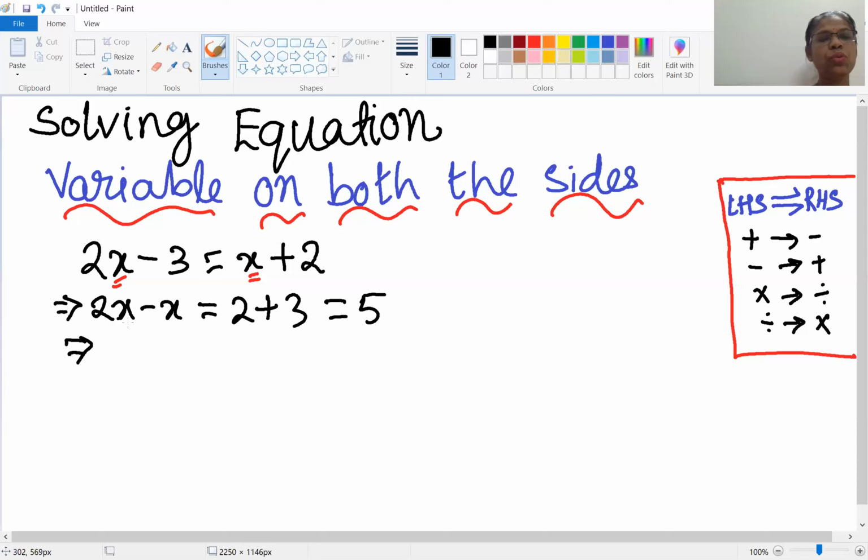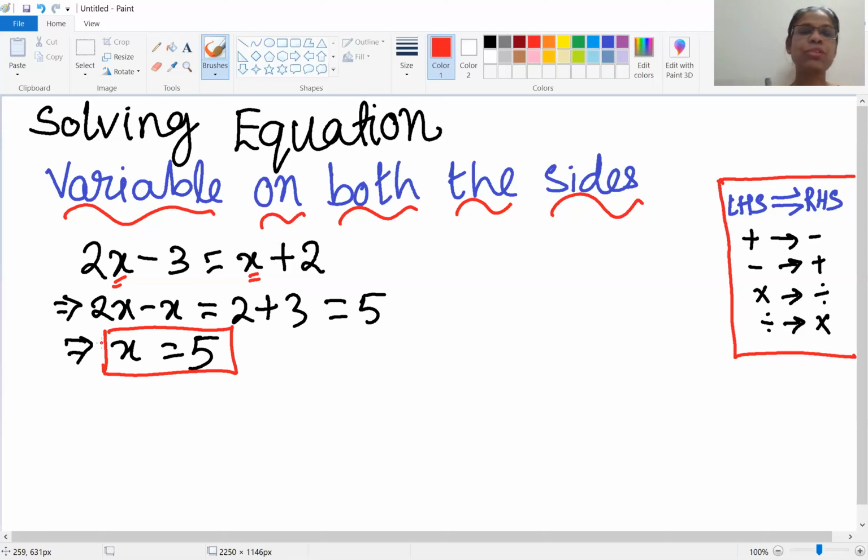Now 2x minus x, 2 minus 1, which is x here. X is equal to 5. I got my value here. X is also equal to 5 here. Now, I got my value x here.